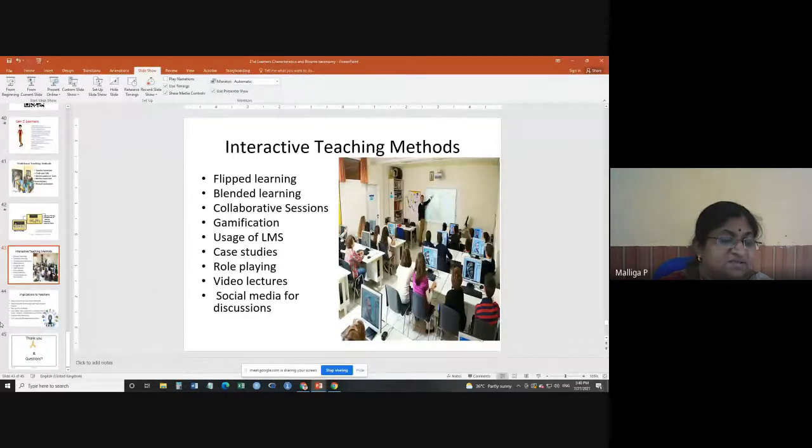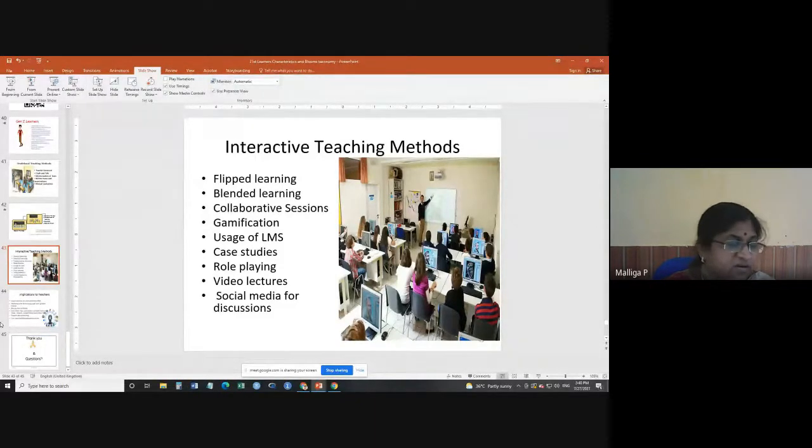Yes, madam. Please suggest any website for flipped. It is not about a website. You have to provide this method. See, you give lectures like this. You have to adopt this flipped learning. Flipped learning is pushing the learning to the students, giving all the resources for them to learn.